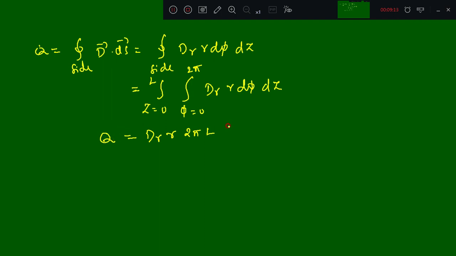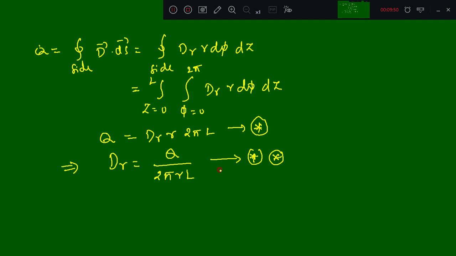From this equation, which we can take as star, we get Dr is equal to Q divided by 2 pi r L. So we got the Dr. This I will take as double star.